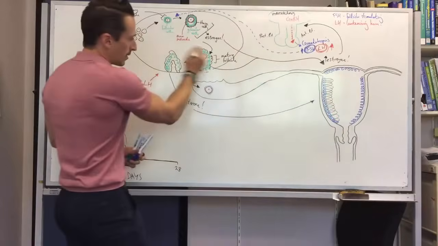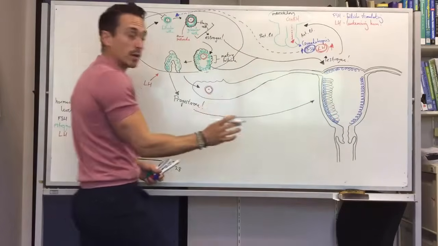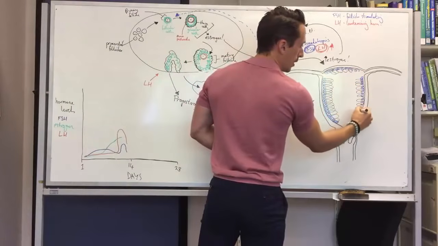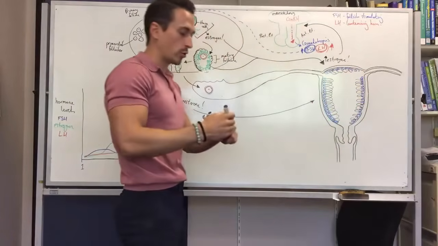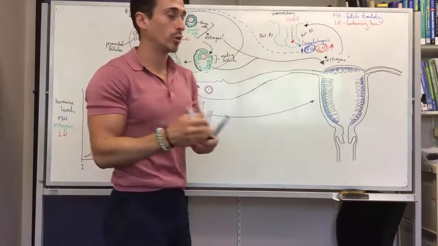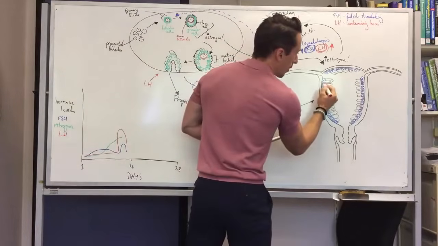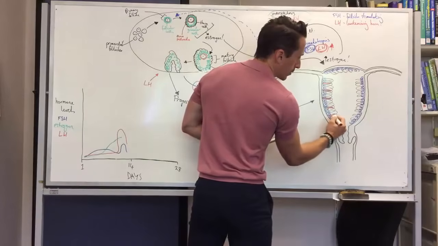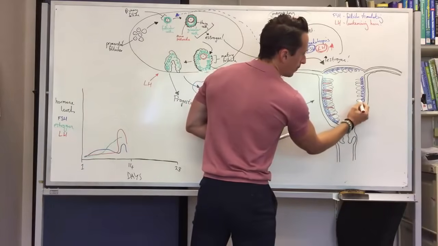Because think about it, that egg's now been released. It's going, okay, baby's coming. So it thickens up that endometrium, and progesterone also makes it highly vascularized. We've now got a huge amount of blood vessels in this endometrial wall.